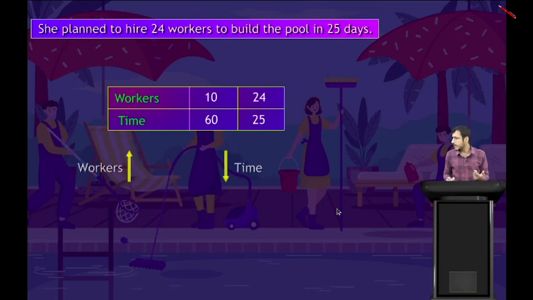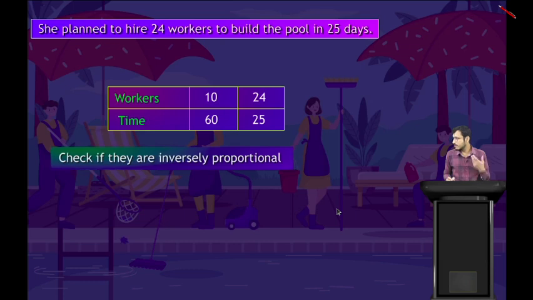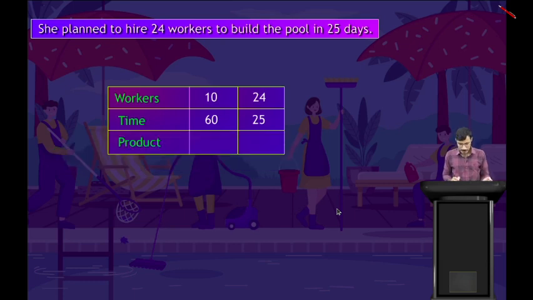So that means it's a case of inverse proportion. So check if they are inversely proportional. Inversely proportional means the product of the two quantities is constant. So 60 into 10, that is 600, and 24 into 25 is also equal to 600.